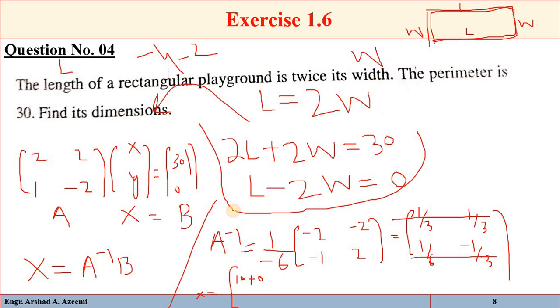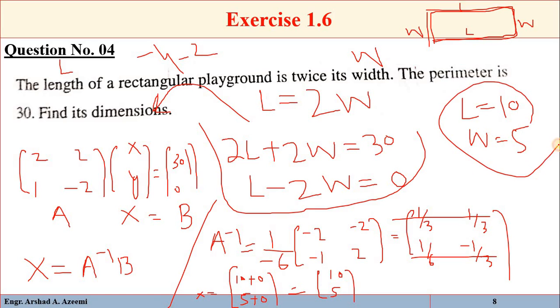Now the second row with this column: 1 over 6 multiplied by 30, you will get 5, plus minus 1 over 3 multiplied by 0, that is 0. So the solution is 10 and 5. So the length is equal to 10 units and the width is equal to 5 units.